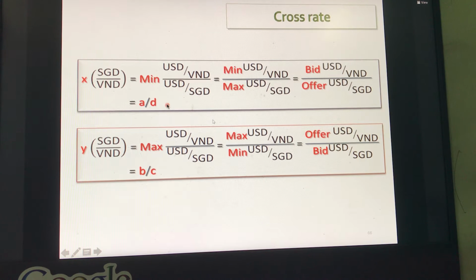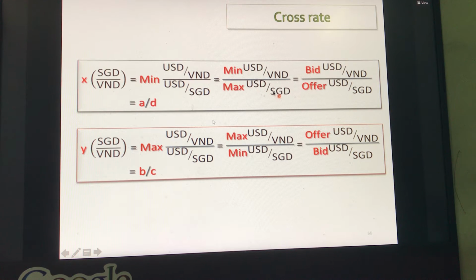In order to obtain the min value of a ratio, we need a min value of USD against VND in the numerator, and in the denominator we need a max value.